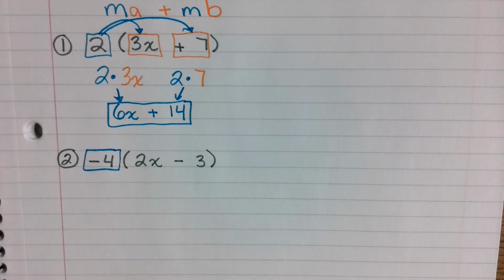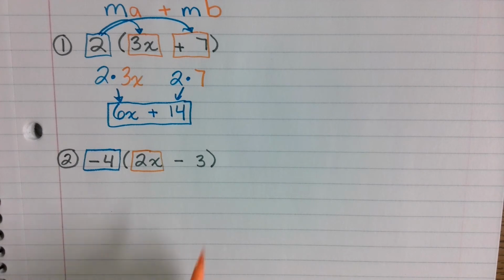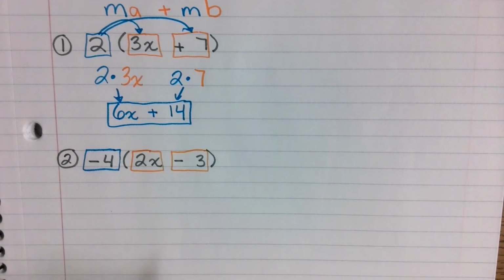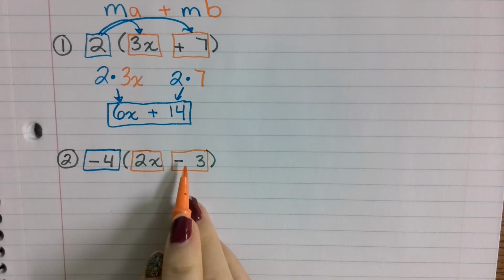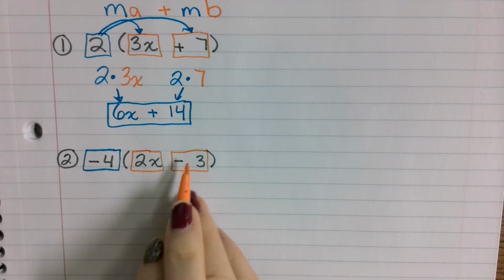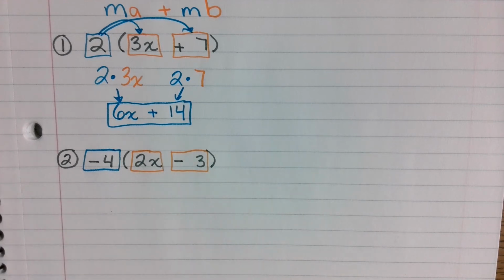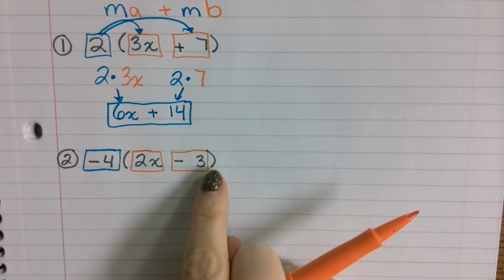Our individual terms are 2x and negative 3. Notice I'm including that minus sign with the 3. When I separate them like terms, that minus sign goes with the 3. Okay?